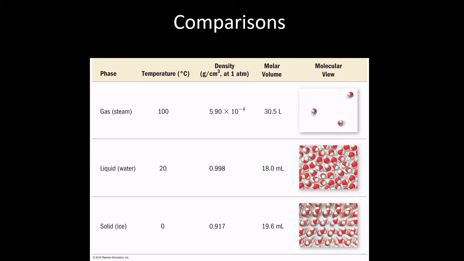Just as an example here, we're going to say that we have water at 100 degrees C in the gas phase. Water does not have to be 100 degrees or higher to be in the gas phase. And if you've ever walked outside in Oklahoma, in any of the months between March and November, then you know this to be true, because it is extremely humid here nearly all the time.